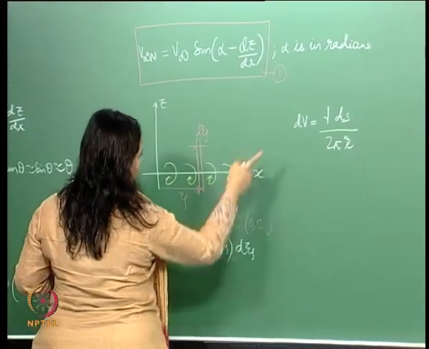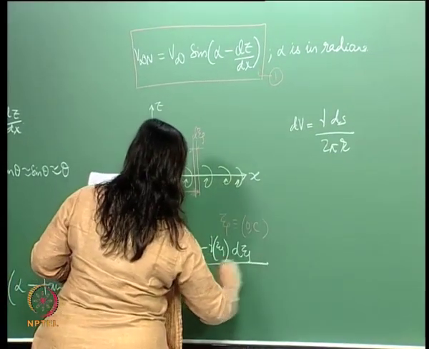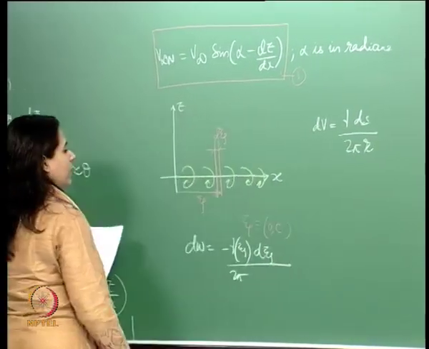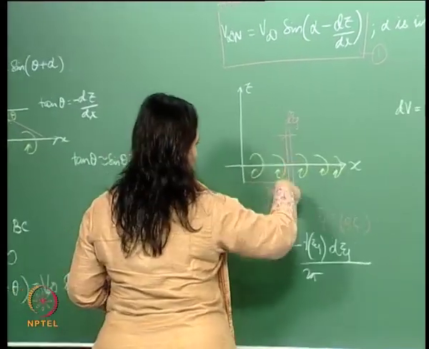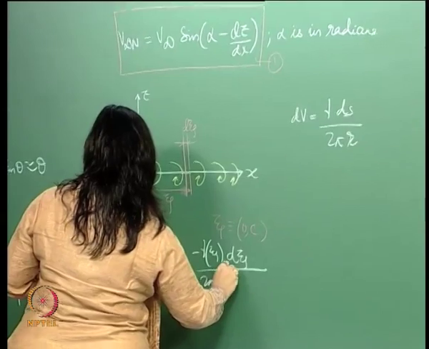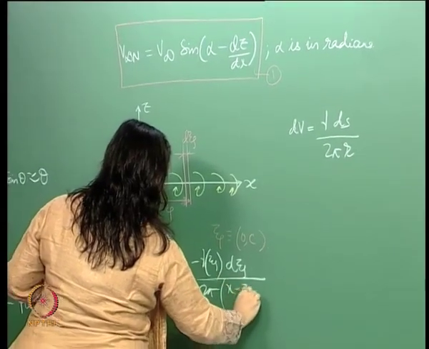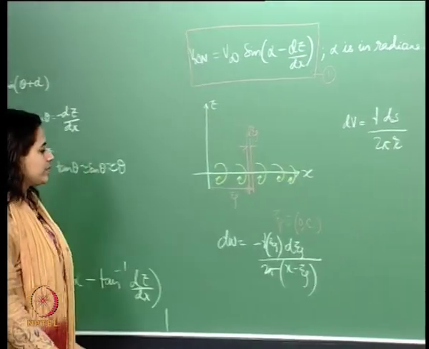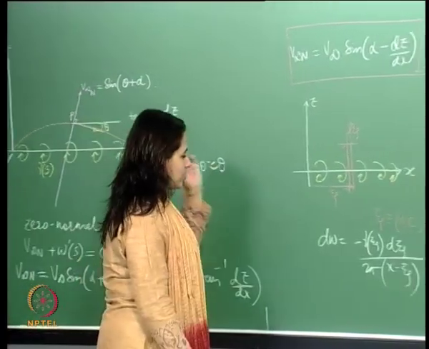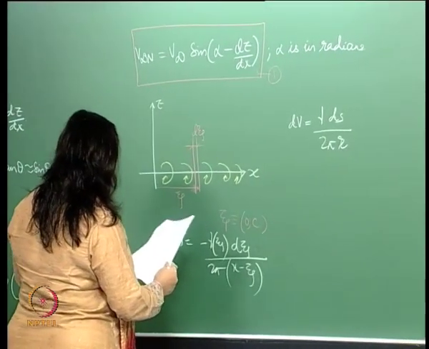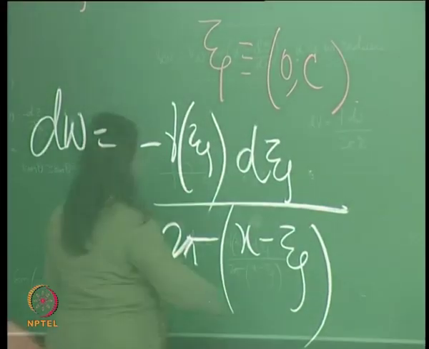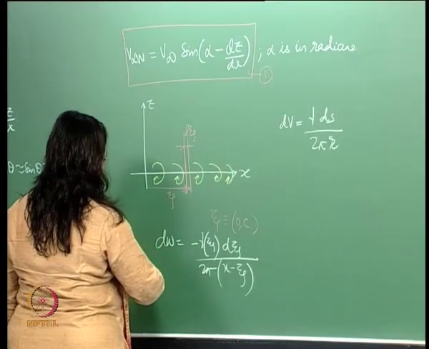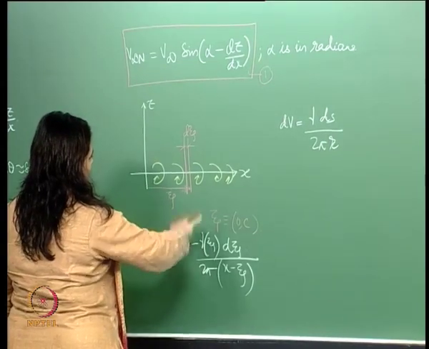So dc, which is ds over here, over 2 pi, and r is the distance between any point and the location of this, so it would be x minus z. This is dw.